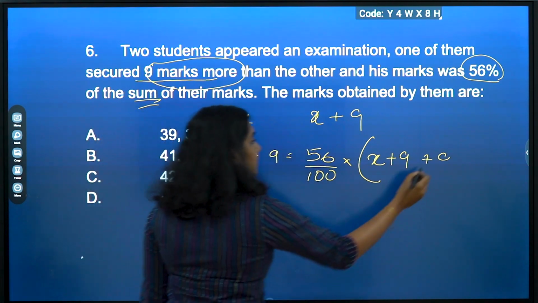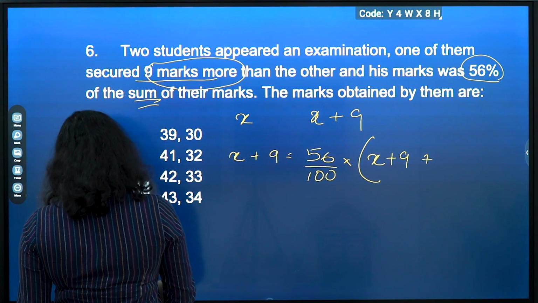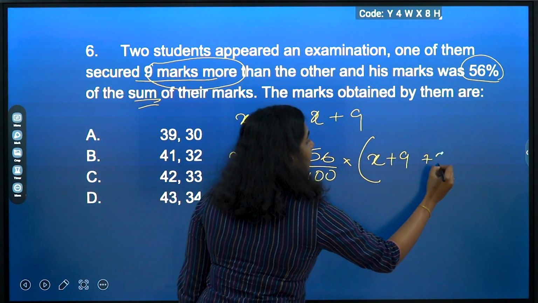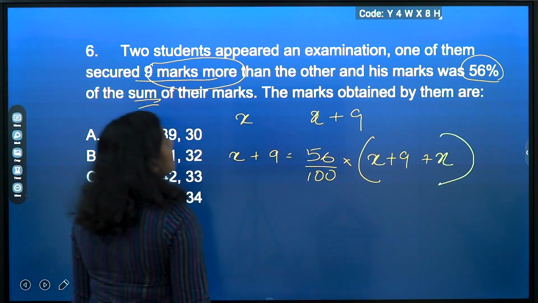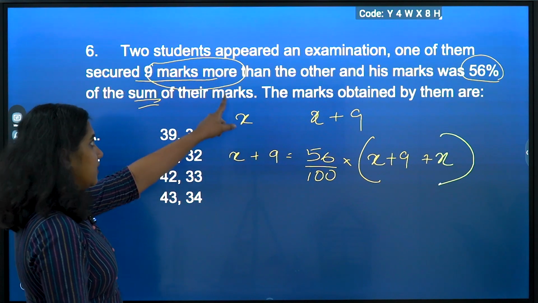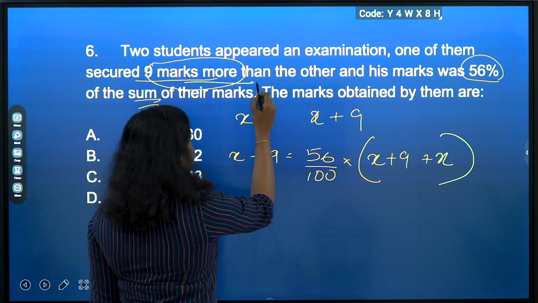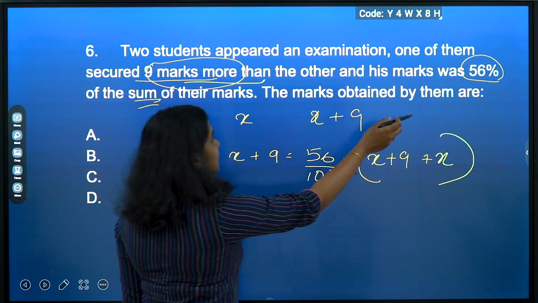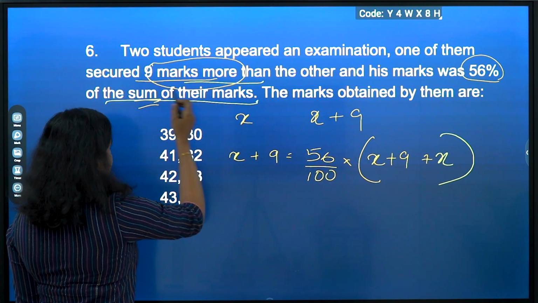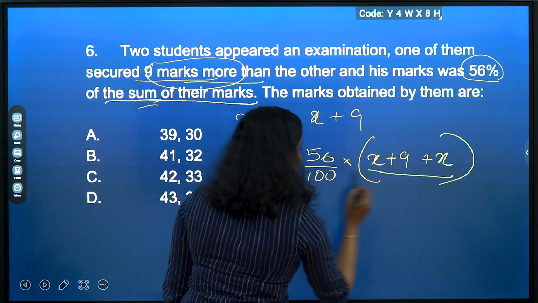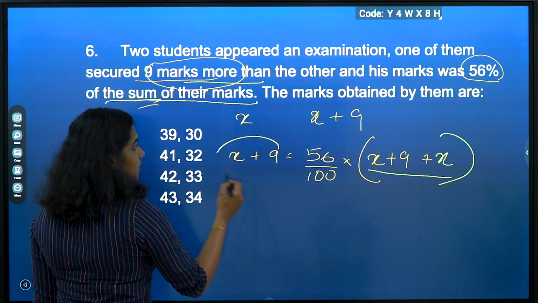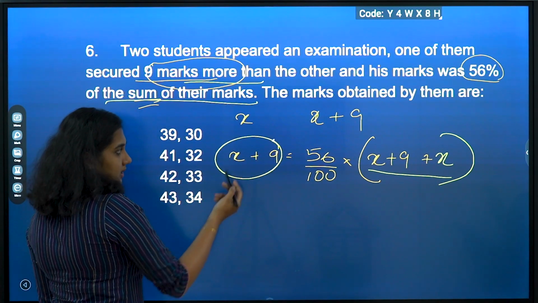The mark of the other student is X, right? So X, because they have said that the marks of the person who has 9 marks more is 56% of the sum of their marks. So sum of their marks is this, and this is 56%, that is equal to the mark of the other student, which is X plus 9.